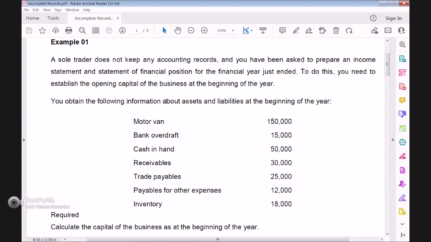To do this, you need to establish the opening capital of the business at the beginning of the year. You obtain the following information about assets and liabilities at the beginning of the year. So calculate the capital of the business at the beginning of the year.